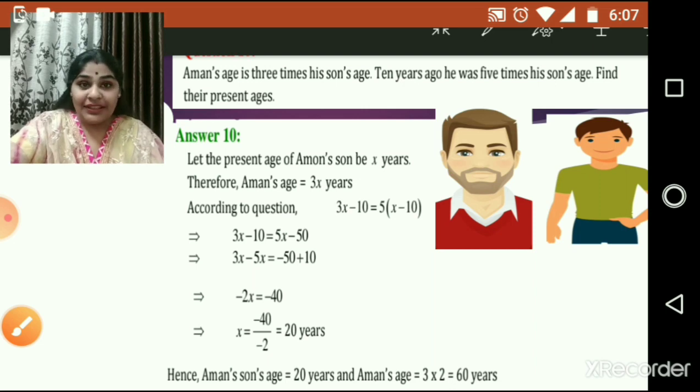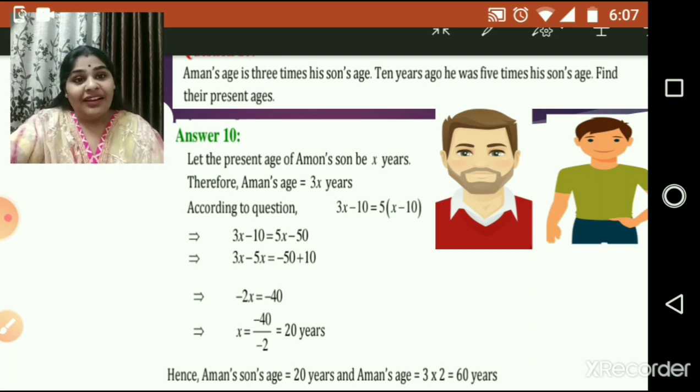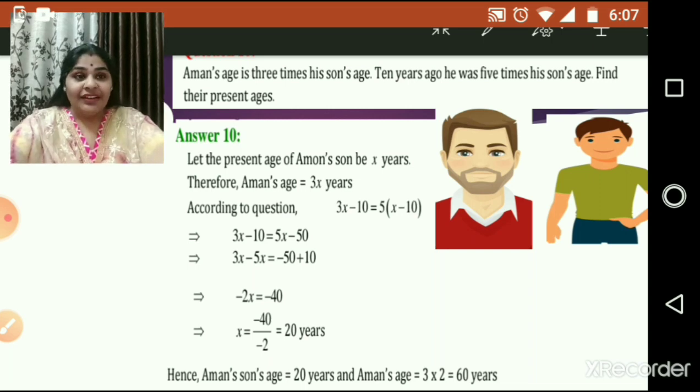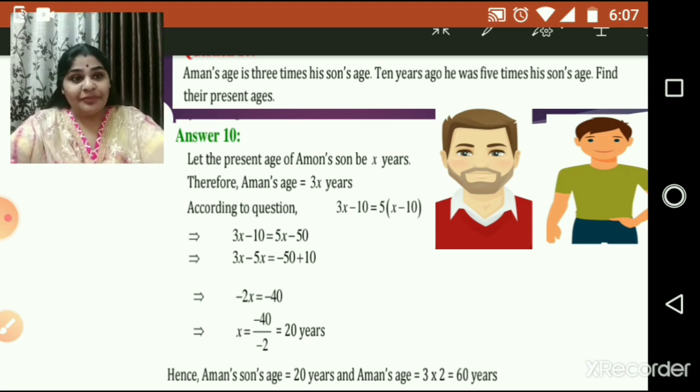That is, Aman's present age is 60 years and son's present age is 20 years. I hope now you people understood all such type of sums, how to form an equation. So forming an equation is very important, children. Once you form the equation, then later on you can solve it.